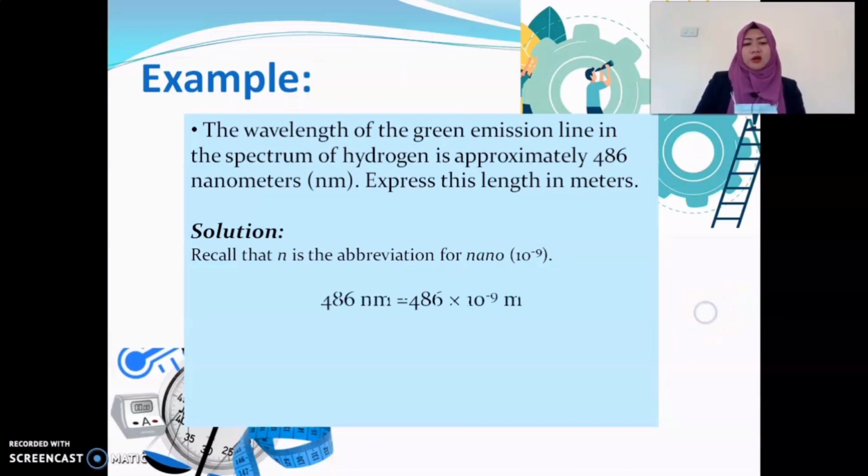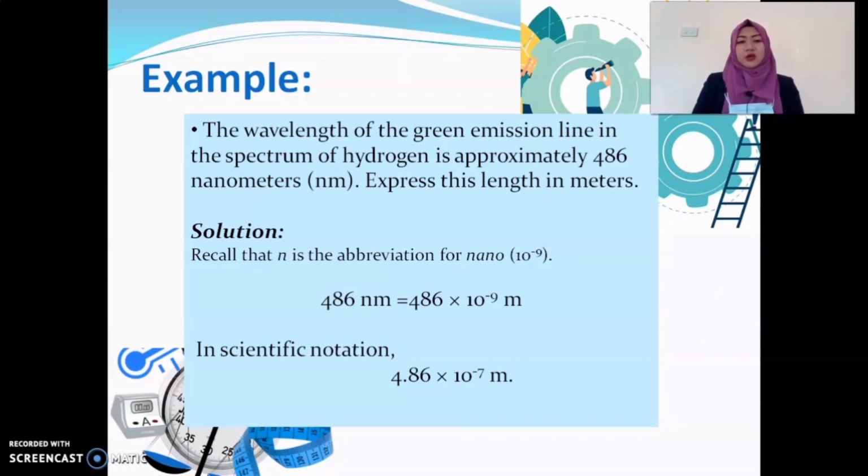So therefore, 486 nanometers is equal to 486 times 10 to the negative 9 meters. In scientific notation, that is 4.86 times 10 to the negative 7 meters. Scientific notation will be discussed later on.